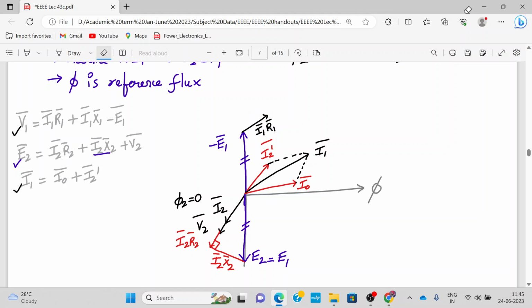Let me draw 90 degrees properly. The bending doesn't go properly over here. Let me draw it properly. Okay, let's consider this final.